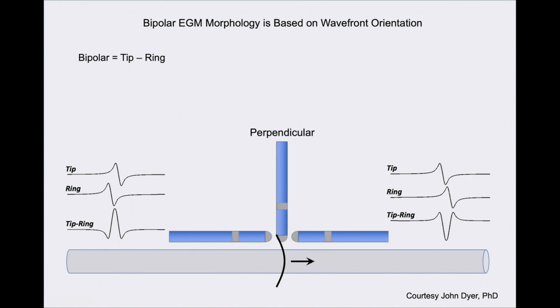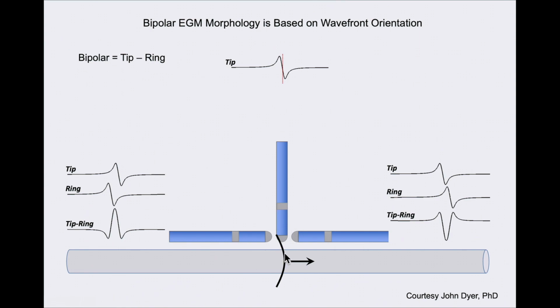The catheter is occasionally oriented perpendicular to the tissue. In that case, the distal electrode is in contact, and as the wave crosses, you get a typical unipolar electrogram on the tip electrode. The ring electrode, or electrode 2, is going to see the same timing that electrode 1 sees.